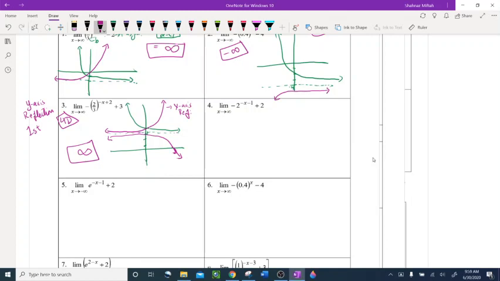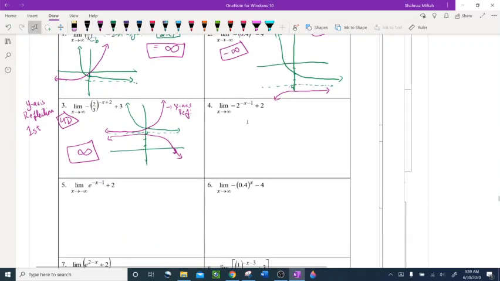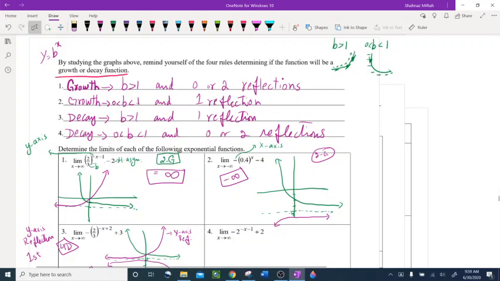Okay, let's go to question number 4. In question number 4, I have 2 reflections again, and b is greater than 1. So my choices are number 1 and number 3. How many reflections do I have? I have 2 reflections. If I have 2 reflections, it means it's a growth, and it's the first one.